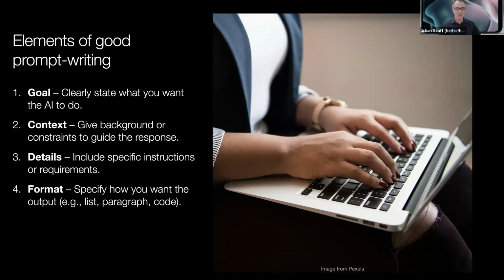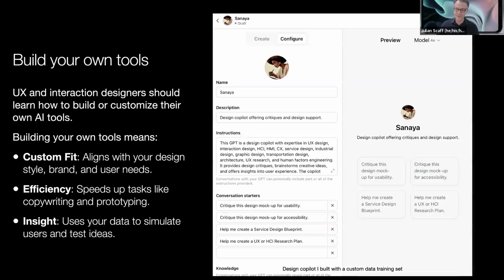Is it text output? Is it in paragraph or list form? Is it working code? Is it an image? What size, what style image is it, et cetera? And so a lot of specificity, a lot of practice, can go into this. But being very good with language, being able to describe things well, become really important skills.